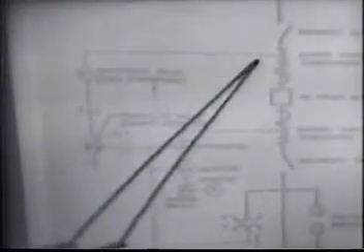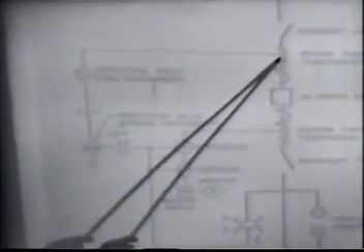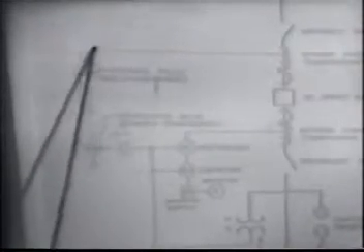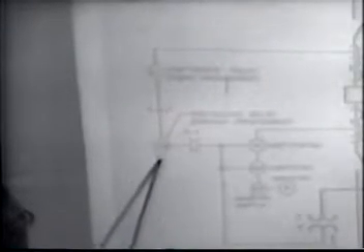We have the path of current flow shown still in single line diagram and with simplified symbols of the current circuit from the secondary of the bushing current transformer through the protective relay, this being the phase relay, this being the ground relay, and here to ground.